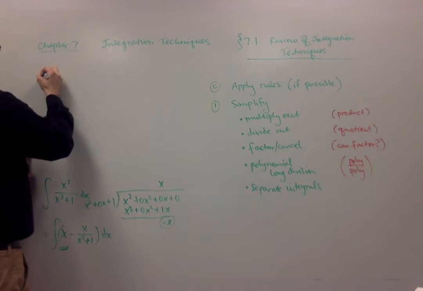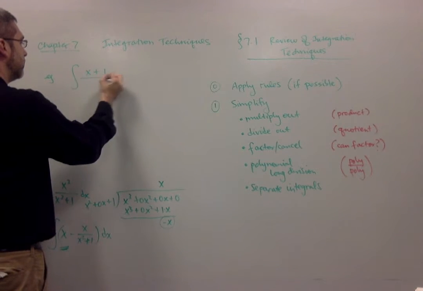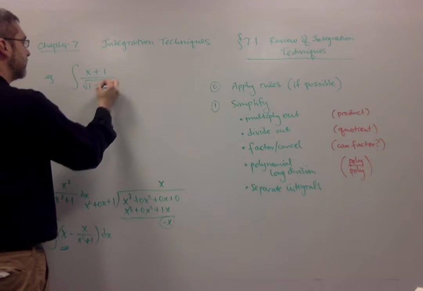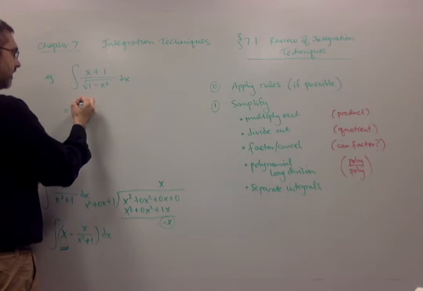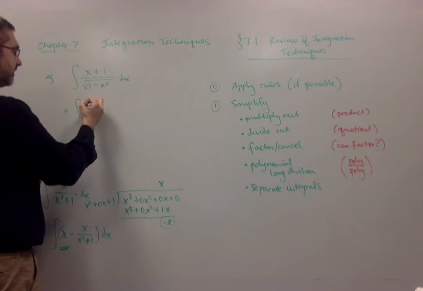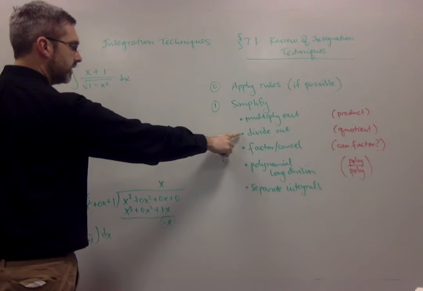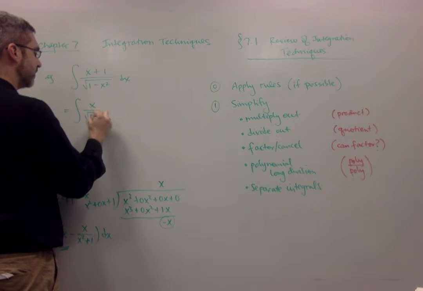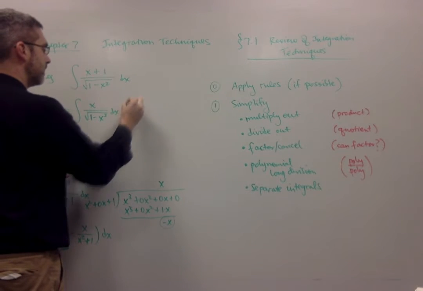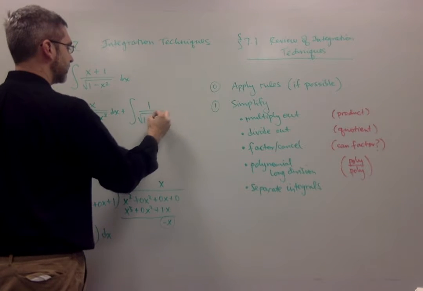But if, for example, I had the integral of x plus 1 over the square root of 1 minus x squared, one of the things that we saw is that I'm breaking this apart into x over the square root of 1 minus x squared, plus the integral of 1 over the square root of 1 minus x squared.